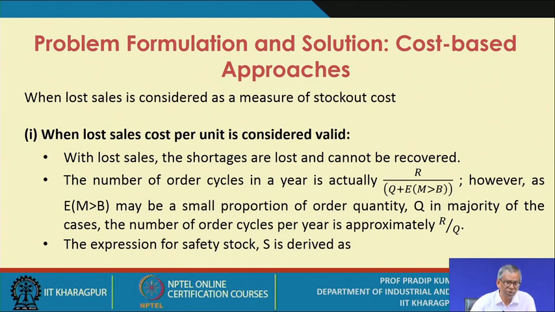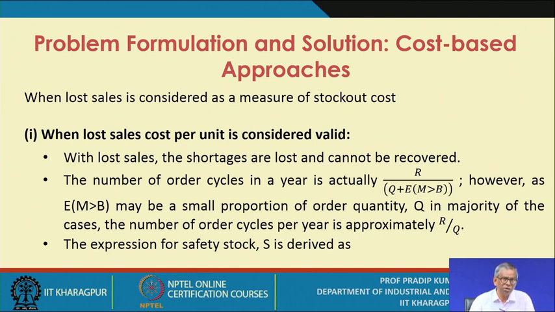particularly for the important items. The number of order cycles in a year is actually R by Q plus the expected number of units short. So this point is to be noted. How many order cycles do you have in a particular year?